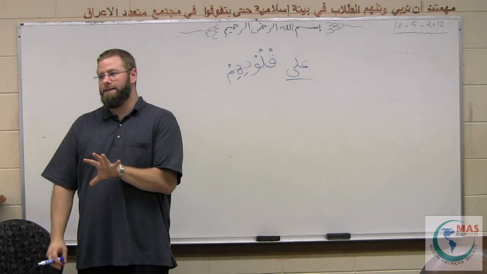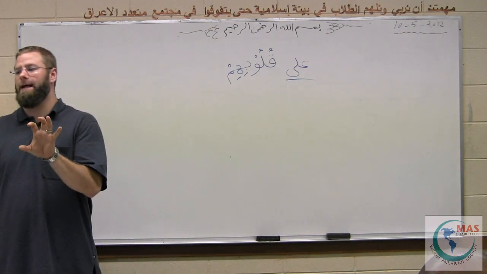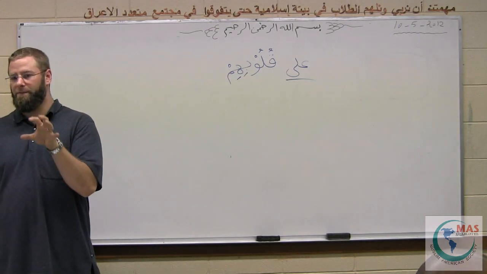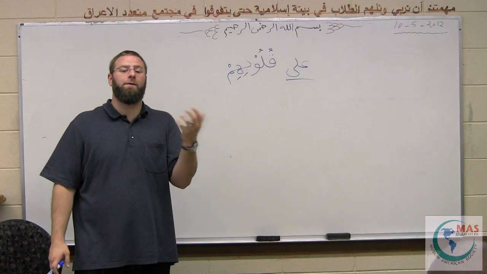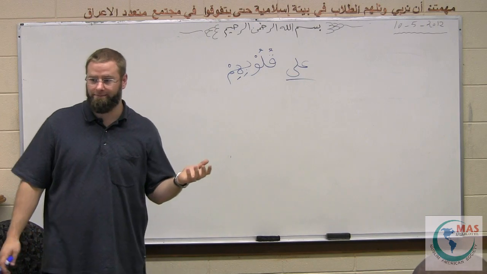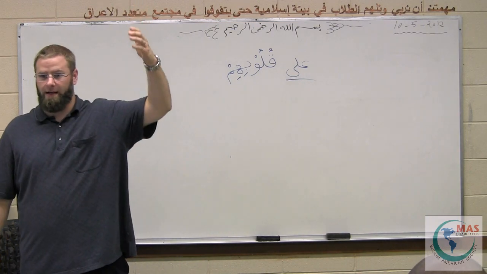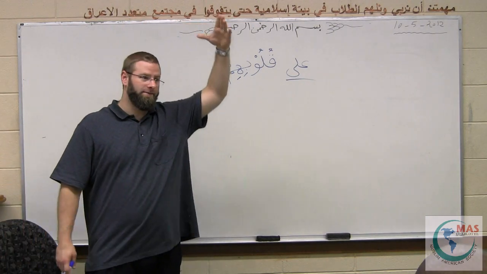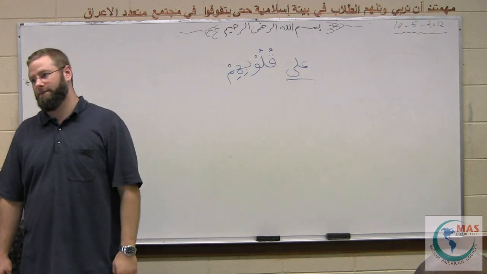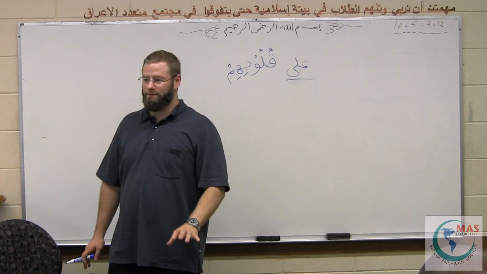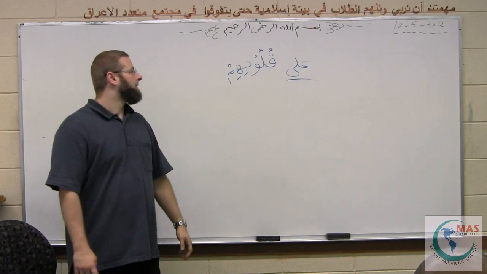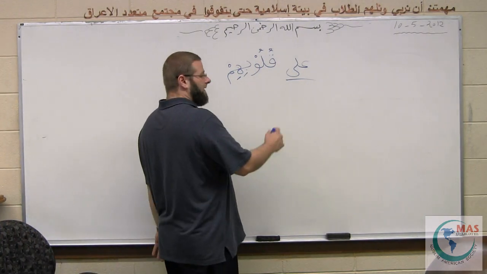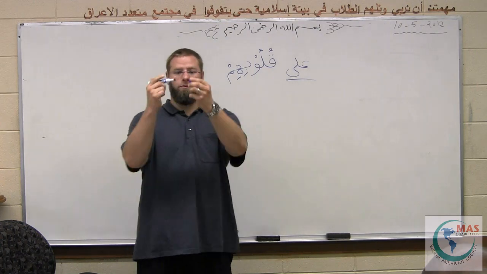Now the interesting point is, ala is considered a harf. It's a prepositional phrase, harf jar. But it is from a root word, ala, to be above. Ali means the one that's high above. But it's still considered a word that is not based on a root. Okay, ala means on.